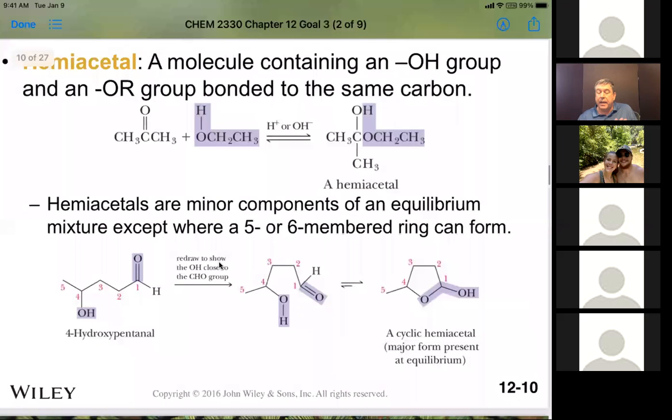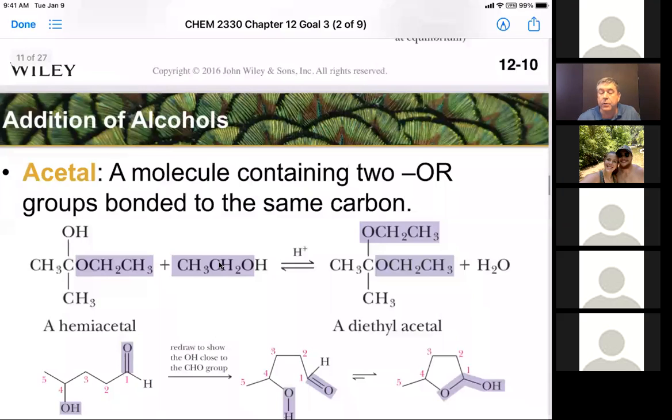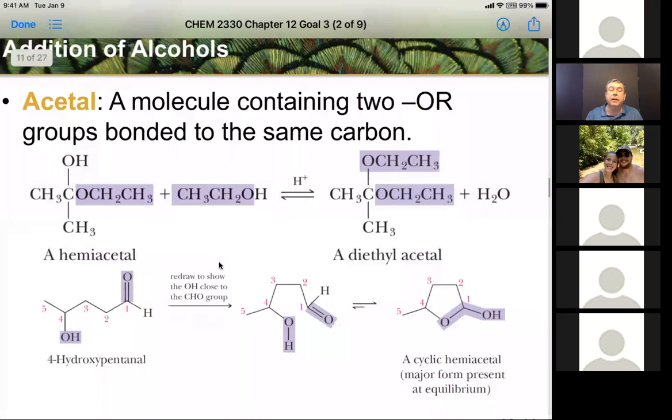Then we learned about the hemiacetal, but the more important part of that was when we added two alcohols across that carbonyl compound and made our acetal. We also learned that cyclic acetals are more stable, and therefore they are more useful in chemistry.